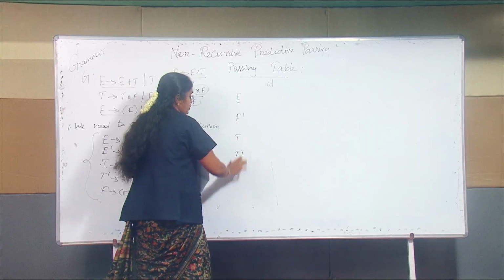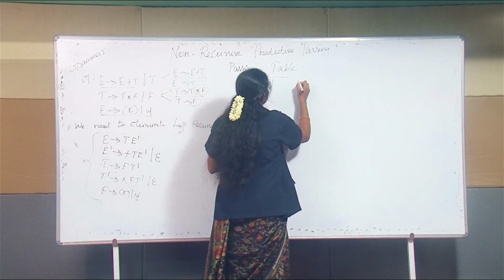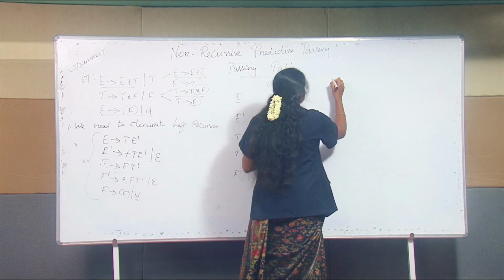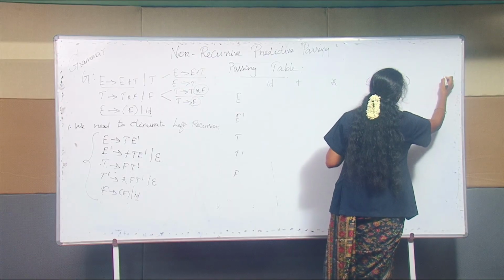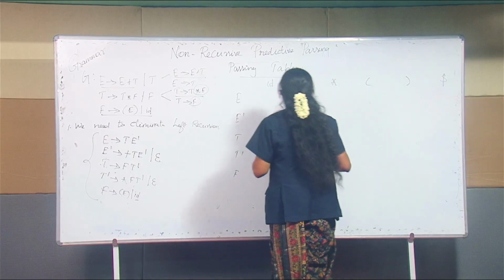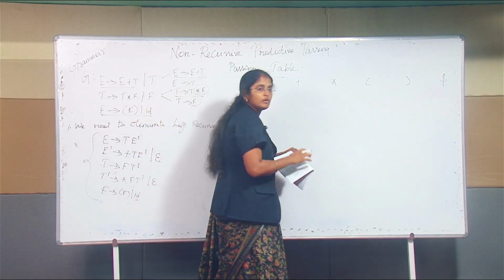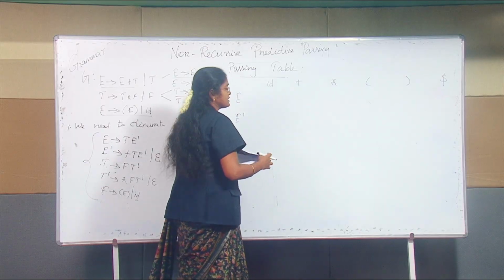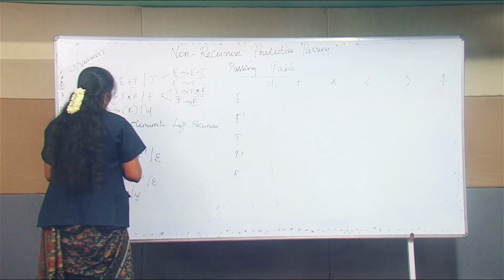You have to write all the non-terminals here, and you have to write the terminals there. So ID, plus, star, open bracket, close bracket and dollar. Okay. So the follow of the start symbol contains dollar, right? So we have to include that as a terminal here. So in this, let me write.